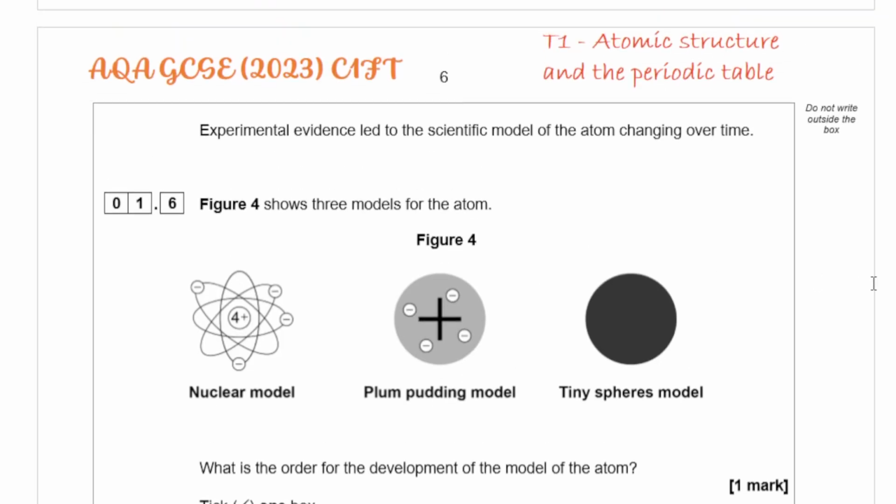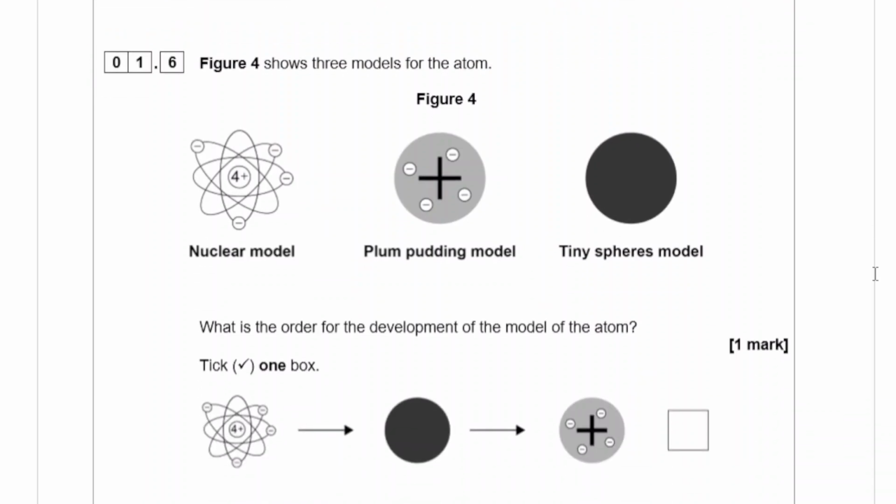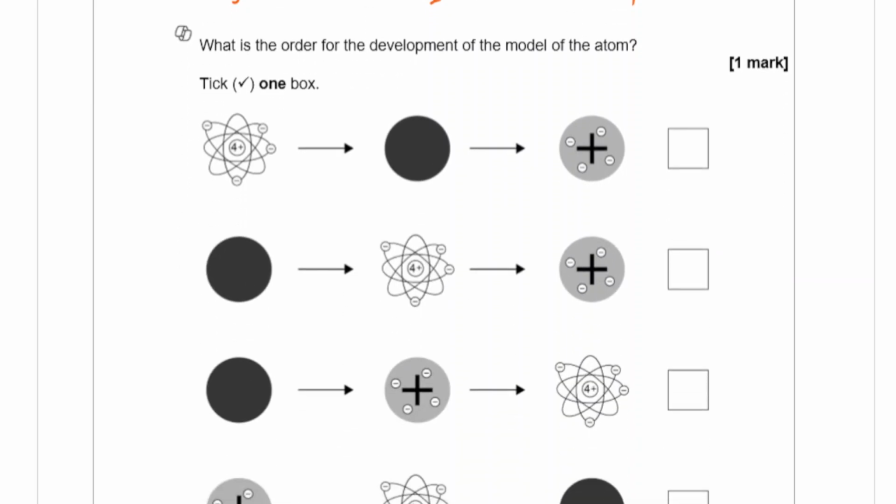Experimental evidence led to the scientific model of the atom changing over time. Figure 4 shows 3 models of the atom. So you have the nuclear model, plum pudding model, and the tiny sphere model. This was the first model that was proposed, second model, and this is your third model, the nuclear model. So what is the order of the development? That would be number 3.